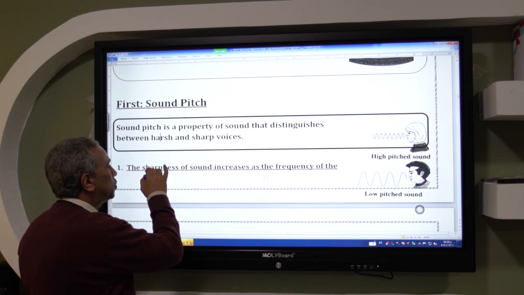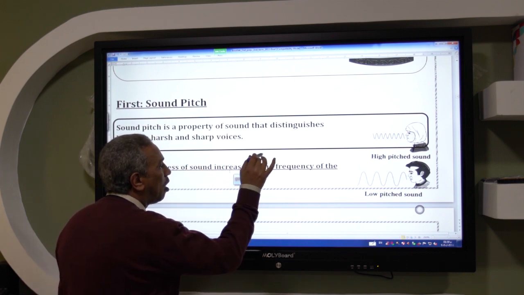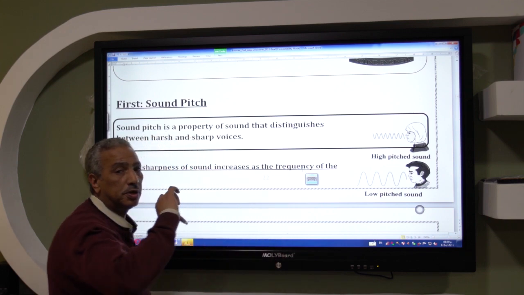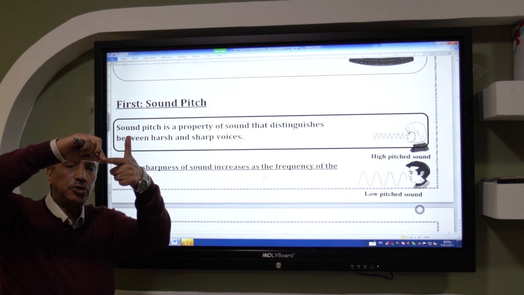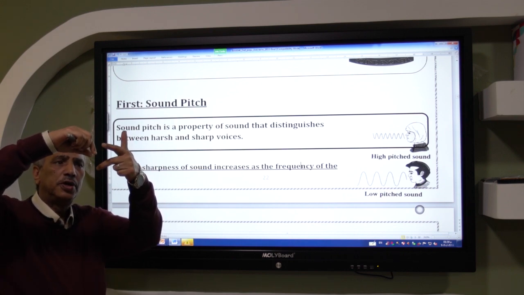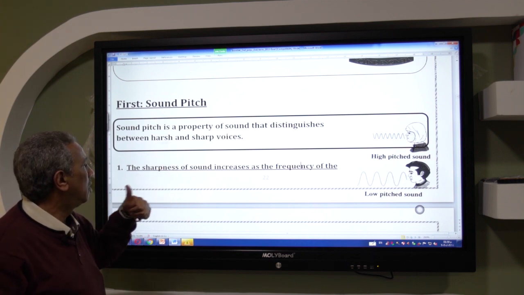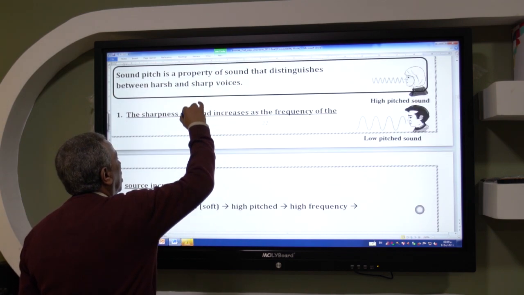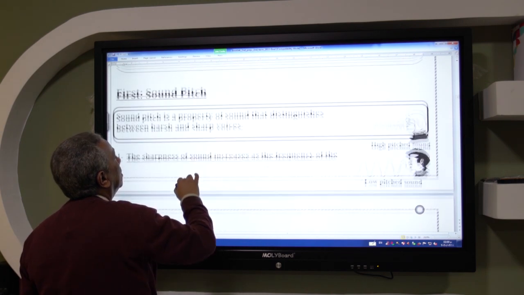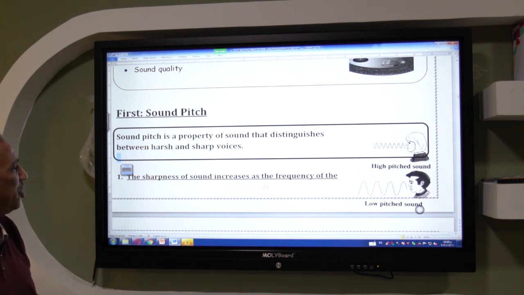So, if the sound is sharp, that means the frequency is increased. Number one, the sharp sound is related to the high frequency, related to the high pitch. High pitch goes with high frequency and the sharp sound. But what about the other type, which is the harsh sound? A harsh sound means its frequency is low.